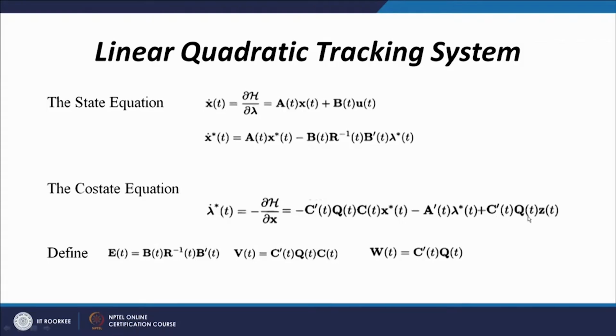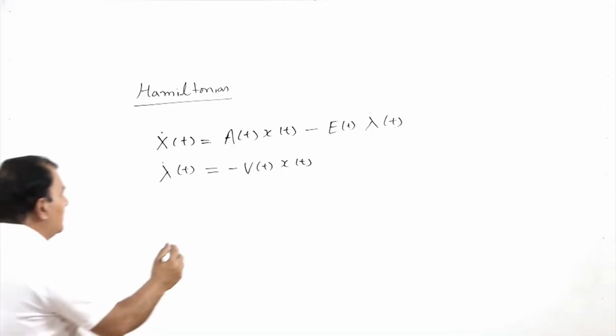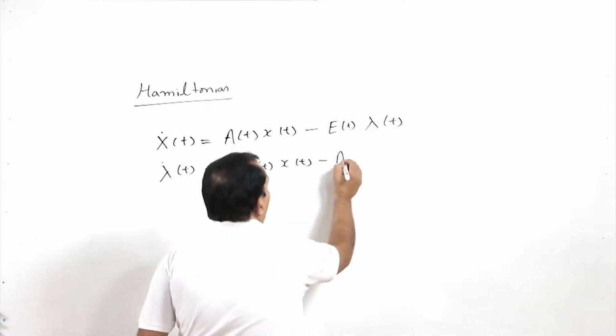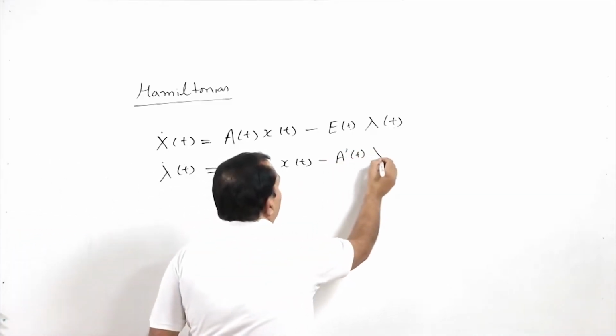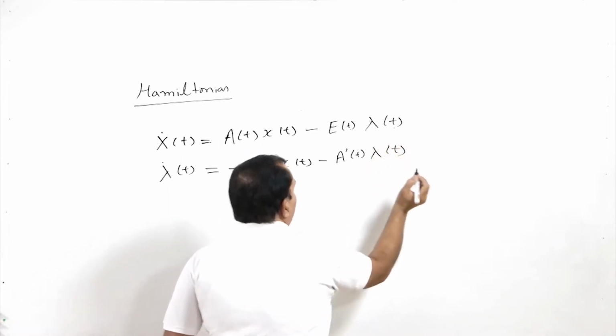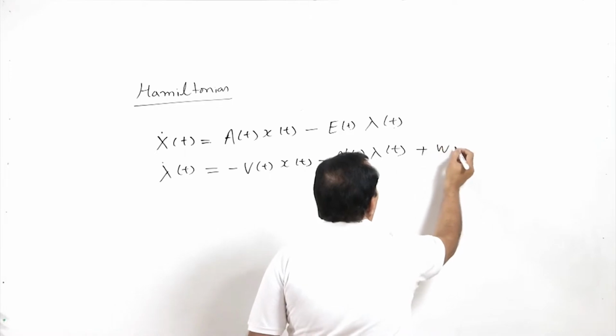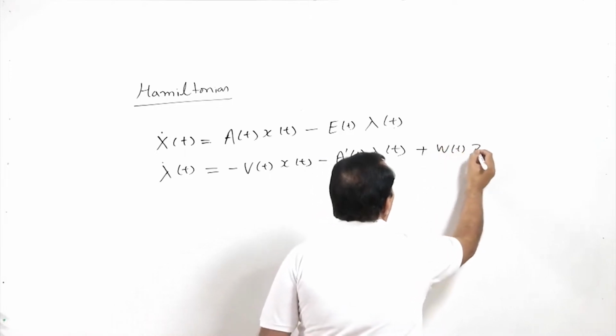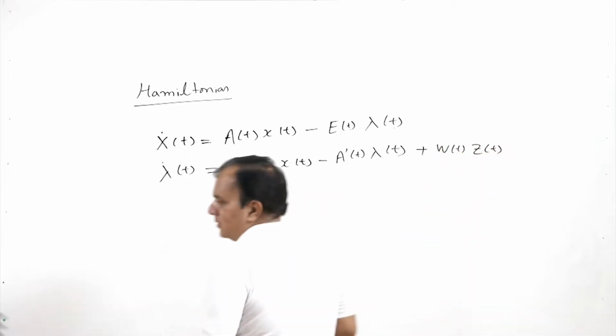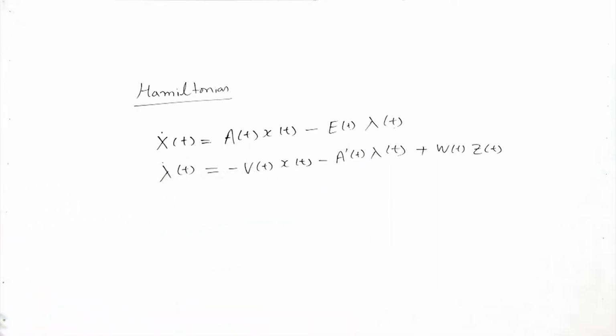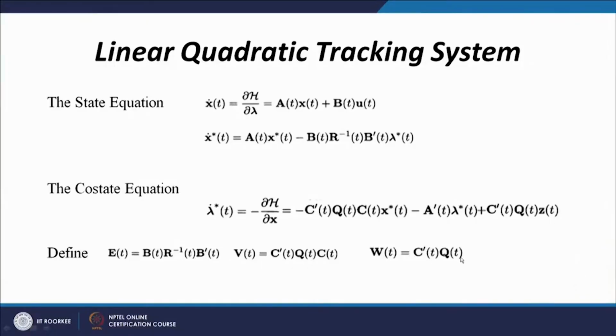Another term I am assuming here as C prime t q as W, this I write as minus A prime t lambda t plus W t z t, where W we have considered as C prime q.